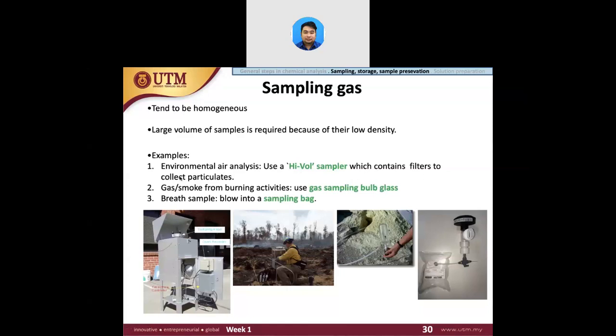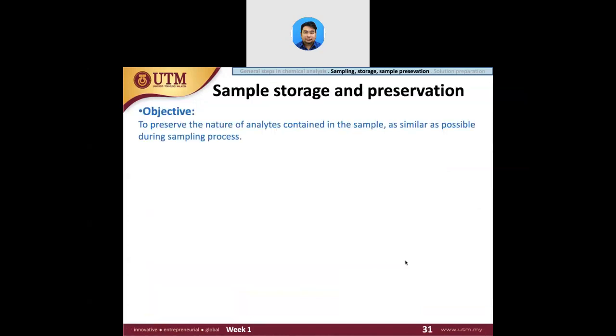A breath sample uses just a sampling bag. You just blow into this bag and the air from your breath is collected into it. It's quite straightforward for gas.